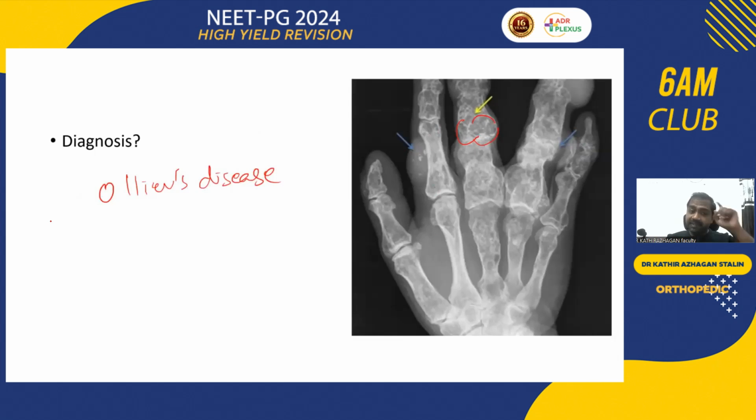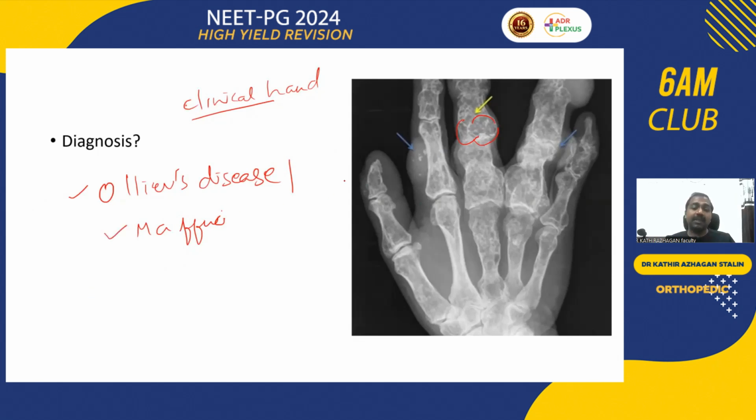You should look for this word Ollier's disease. But if they are giving a clinical picture, a clinical hand, you should look for vascular ectasia in that hand. If it is just an X-ray, they are expecting the answer Ollier's or Maffucci. But if they are giving a clinical hand picture, whether you are seeing an ectasia or not, they are expecting the answer Maffucci.